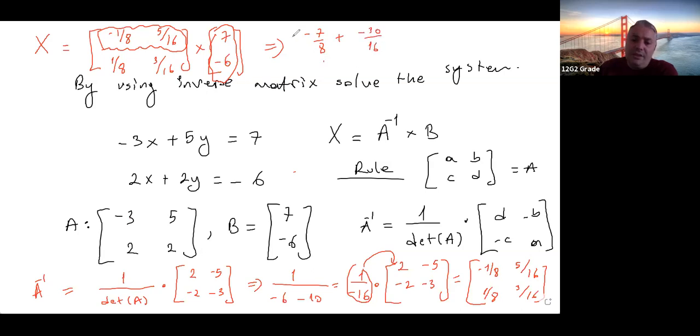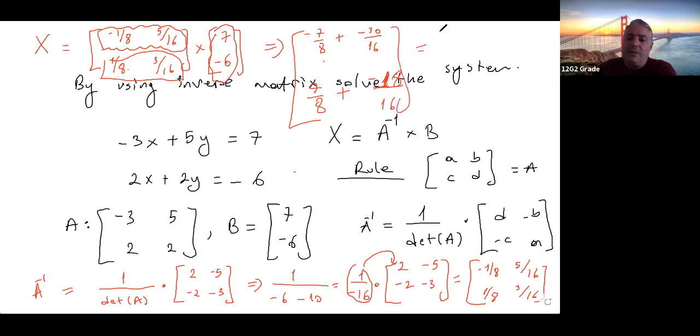This is the first member. What about the second member? 1 over 8 times 7, 7 over 8, plus 3 over 16 times -6, which is -18 over 16.